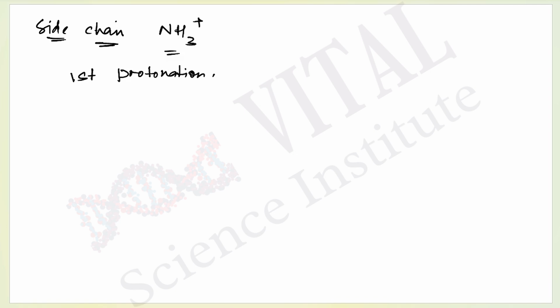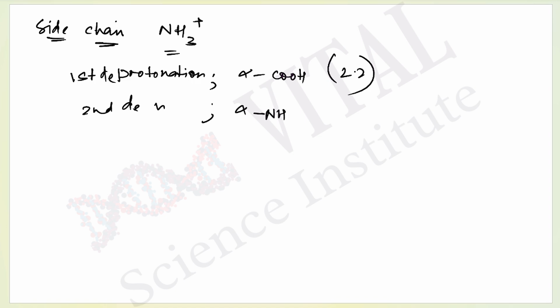What will happen if our side chain is an amino group? The first deprotonation is as usual from the alpha carboxyl group, near about pH 2.2. For the second deprotonation, as there is no carboxyl group left, it will definitely start from the alpha amino group, near about pH 9.4.